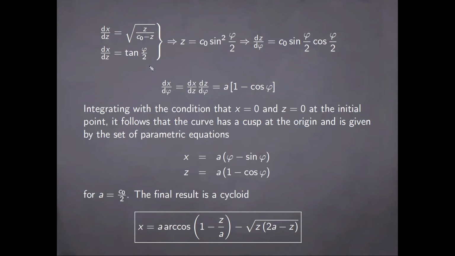So all of this is extremely straightforward, and then I can solve one of these equations for phi and bring that expression of phi into the other equation in order to obtain the trajectory, which is the cycloid in the boxed expression here.